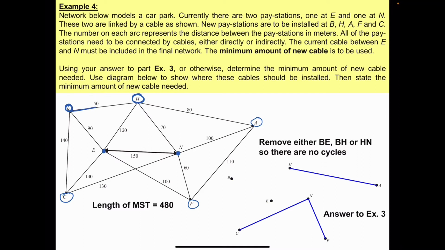So from BH, BE, and HN, the longest one is BE. That's why I am removing the longest, BE, which is minus 90. So the new cable that would be needed is 390 meters.